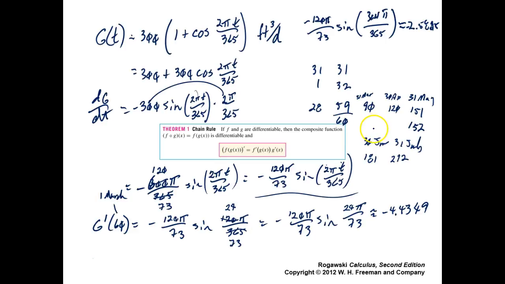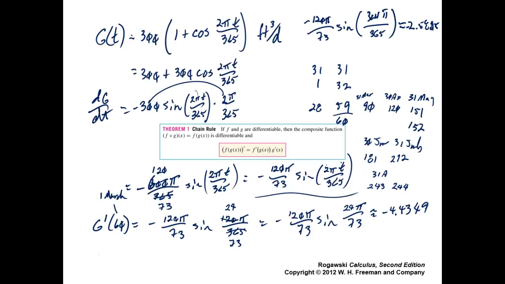Yeah, I think that's right. 31st of August will then be another 31 days. That would be 243. And the 1st of September would be 244.